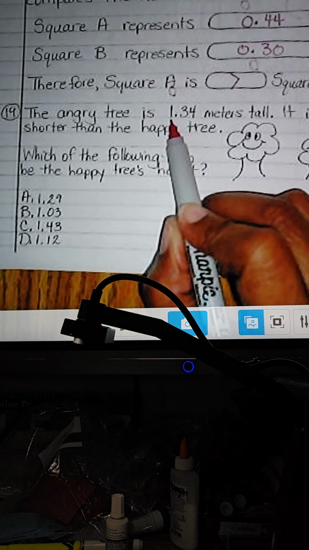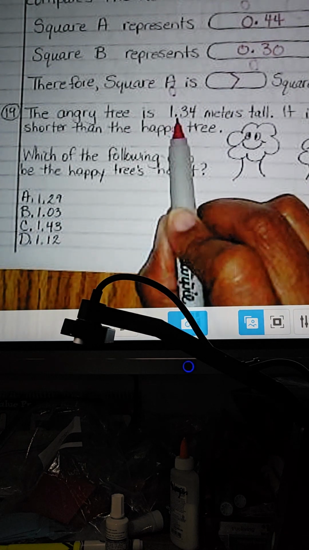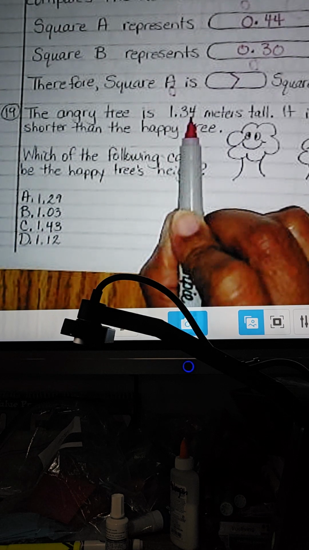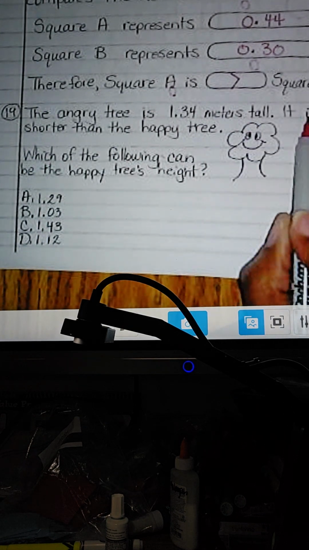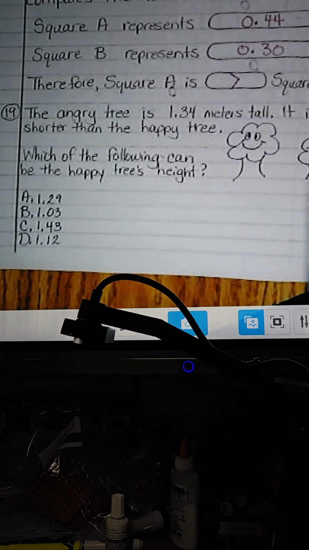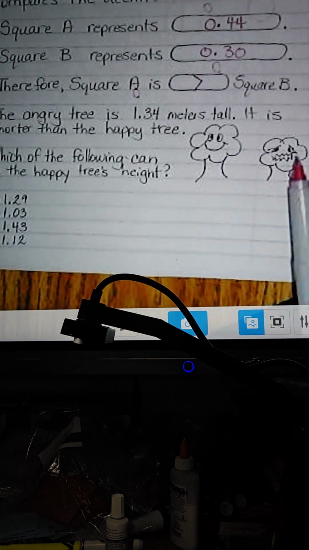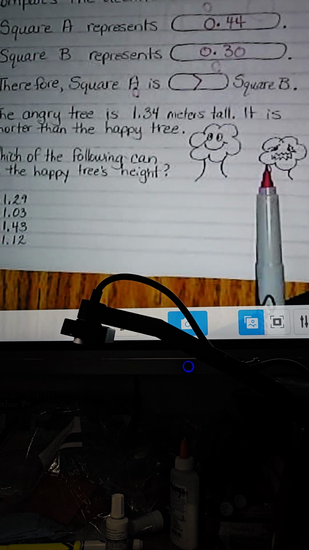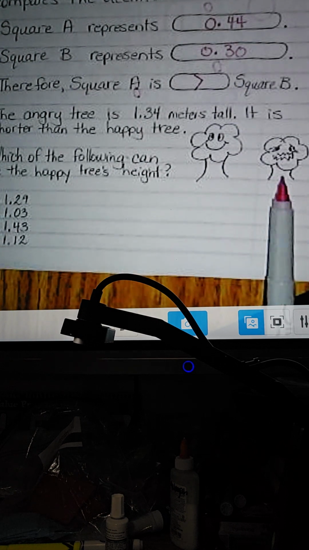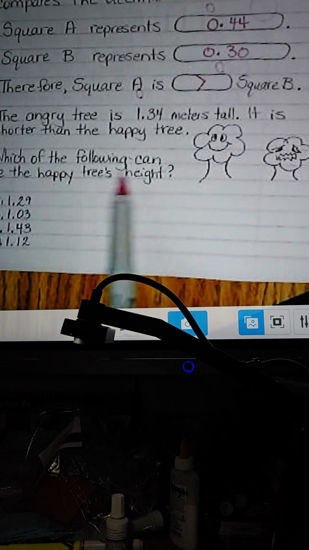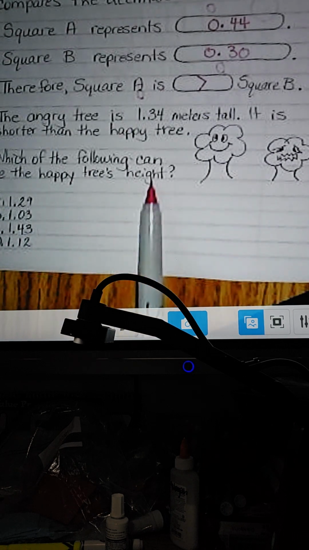Remember, this is your whole number. 1 and, decimal is and, 34 hundredths meters tall. It's shorter, that's the angry tree. Okay, thank you. He's angry. All right, so he is shorter than the happy tree. Which of the following can be the happy tree's height?